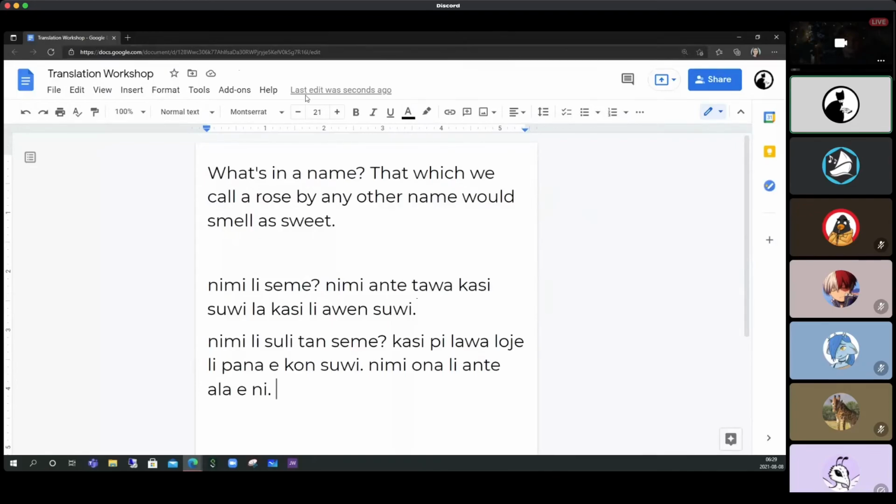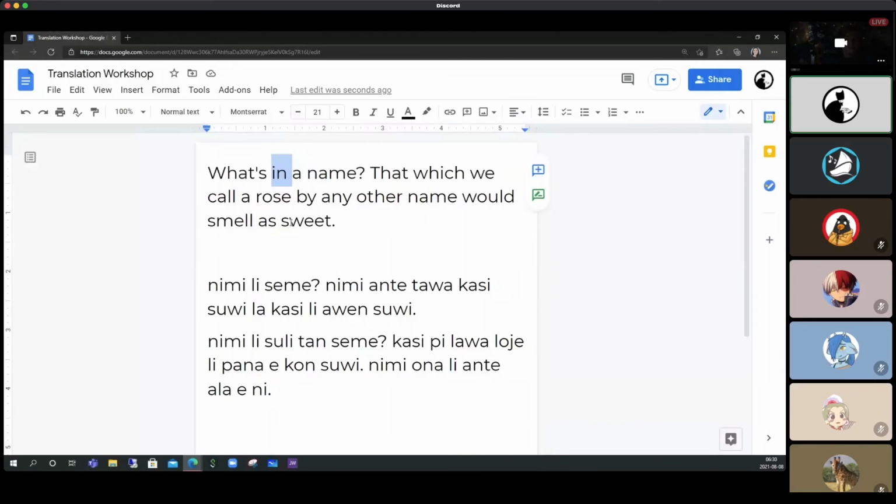What's in a name, you could get sidetracked by this and put seme li lon nimi, for example. But we just looked at the scene. What is Juliet saying here? Why is she saying it? What's the impact on the original language listener? Well, what Juliet is saying is, why do names matter? Why does it matter that you're a Montague and I'm a Capulet?